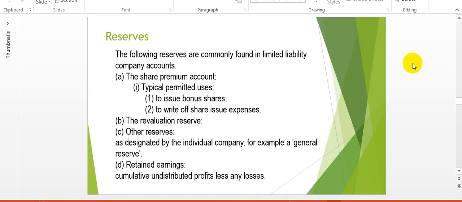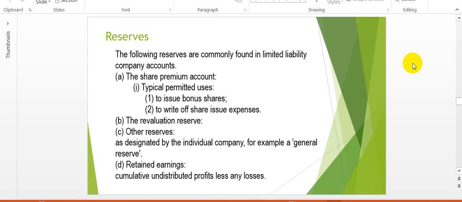Now, let me make a point of emphasis at this point. Do not interchange or misuse these two words, profits and retained earnings. Profits are for a period, the period in which you are operating, that year.